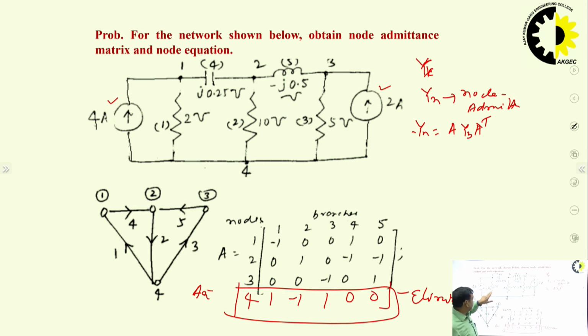Now I have written A, then we can write the YB. Y11 is 2 mho, Y22 is 10 mho, Y33 is 5, Y44 is j0.25 and Y55 is minus j0.5. So this way we can write the YB matrix.